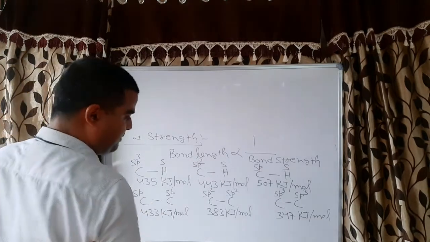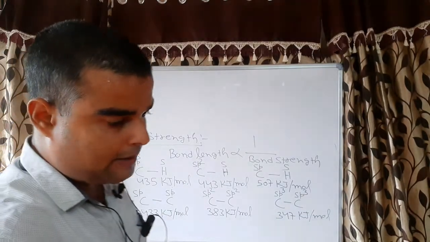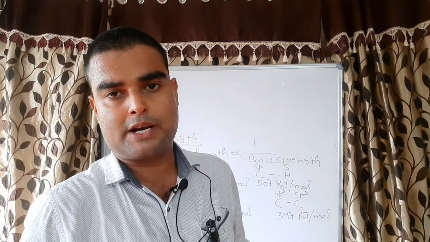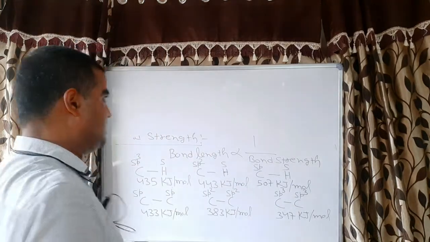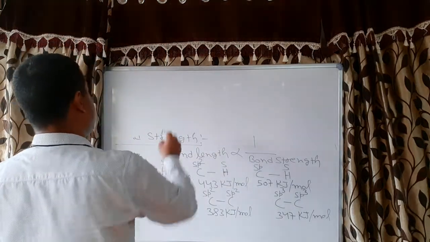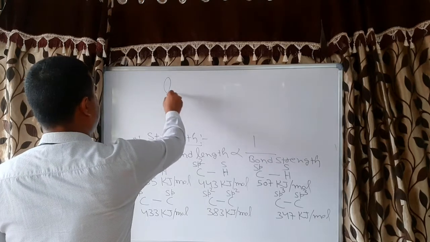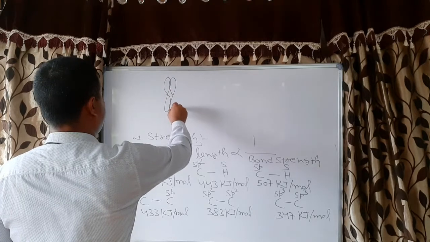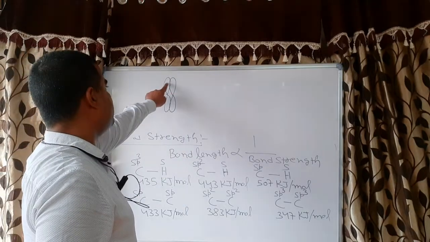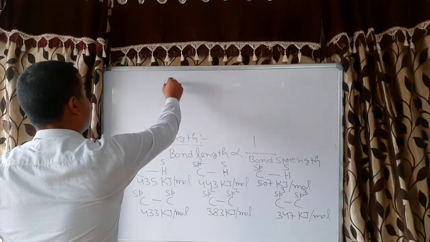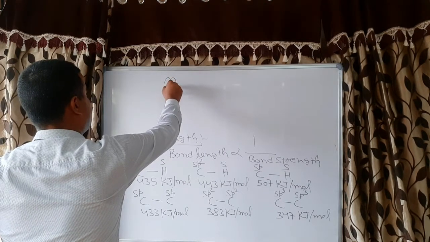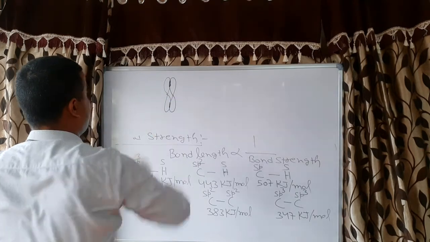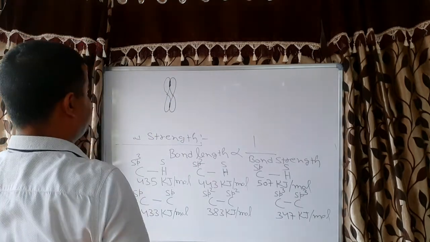When we introduce the pi bond, you should know what the pi bond is. Pi bond is formed by the sideways overlapping of p orbitals, and whenever there is sideways overlapping between p orbitals, the extent of overlapping is smaller in comparison to the sigma bond.